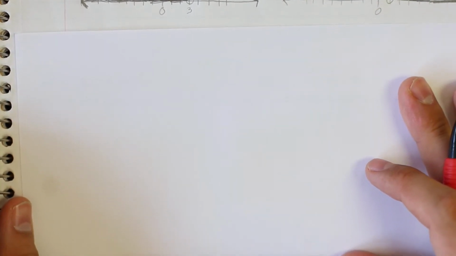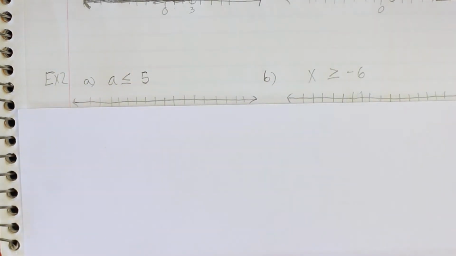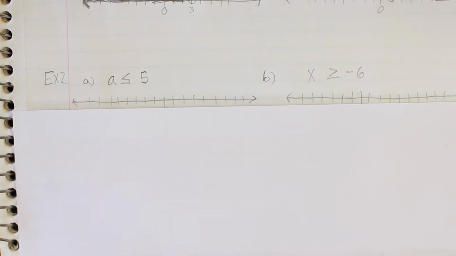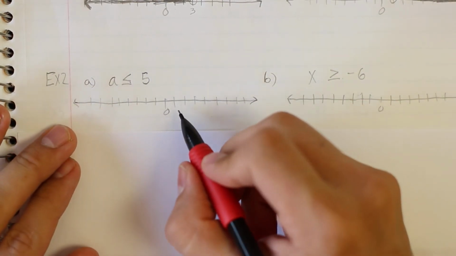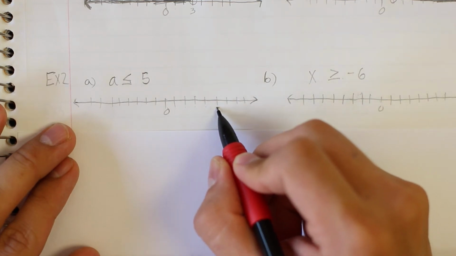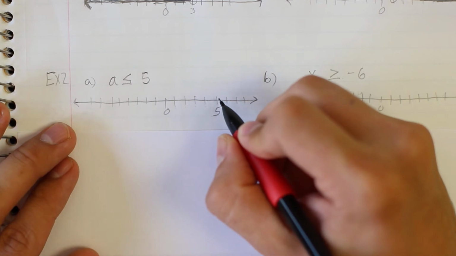All right, let's take a look at 2 more cases. This time, instead of just less than and greater than, we have less than or equal to and greater than or equal to. It works the same way except one slight difference. Let's go to 5. So I have 1, 2, 3, 4, 5. So we put a 5 here. Instead of putting an empty circle, I put a filled in circle.